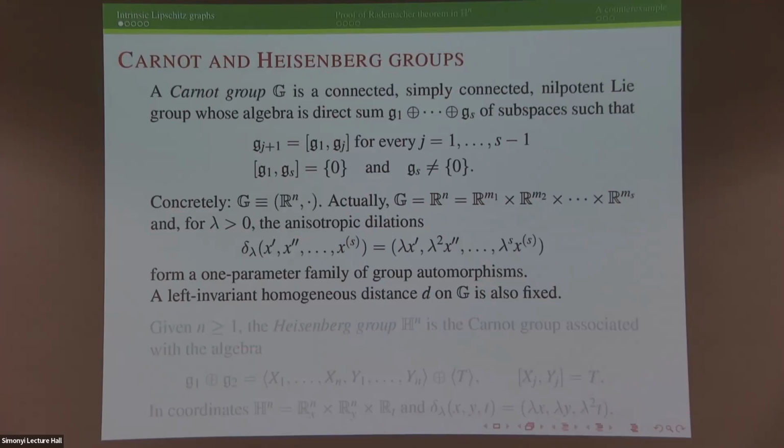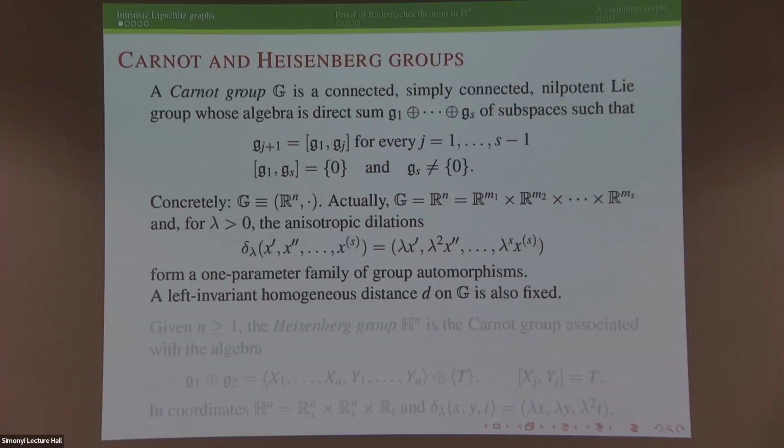There is this notion of sub-Riemannian manifold, and these objects are the tangent spaces to sub-Riemannian manifolds, in the sense that if you pick one of these sub-Riemannian spaces and look at it at smaller and smaller scales around a fixed point, your manifold is going to look like a Carnot group. It is close in the Gromov-Hausdorff sense to a Carnot group. So these are natural objects that appear in the theory.